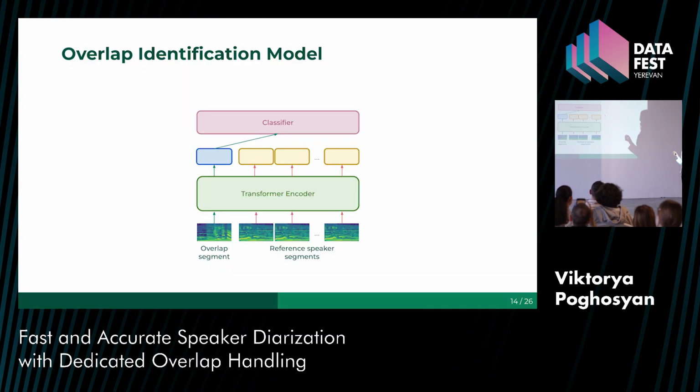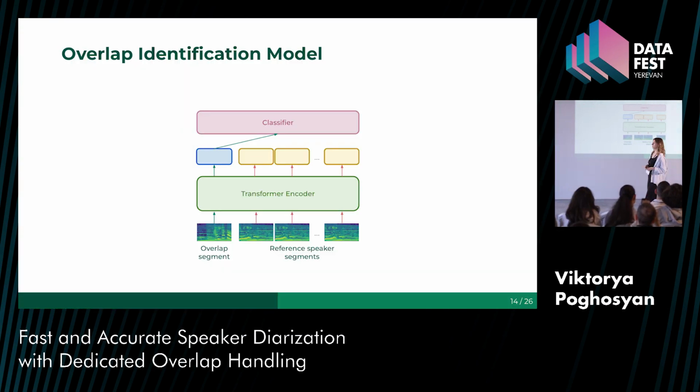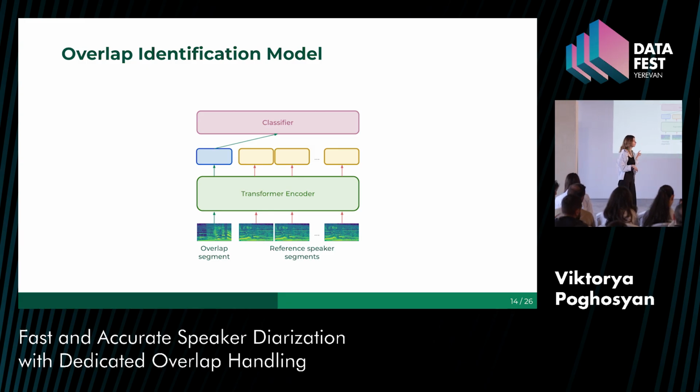If you ask about this model, here the overlap segment is just a 2-speaker overlap segment, and the reference speaker segment is a single-speaker reference, some segments, up to 15, I think. But each is a single speaker. Yeah, I understand. You just pick a sample, and then you also give the references, up to 15 reference speakers, and also overlaps, where each overlap is only 2 speakers. Yes. Thank you.